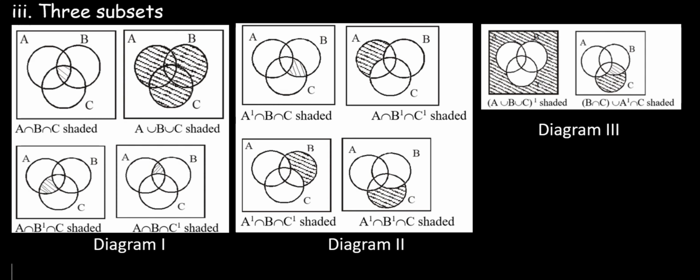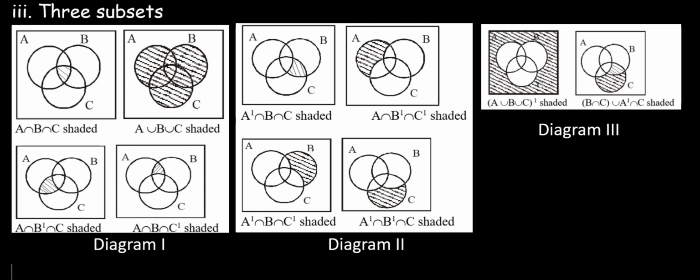Still under diagram 1, of the last two diagrams at the bottom, we have A intersection B prime intersection C shaded. If you observe very well, A and C, where they intersect, is shaded. I mean, B is not in it. That's why B prime is indicated there.